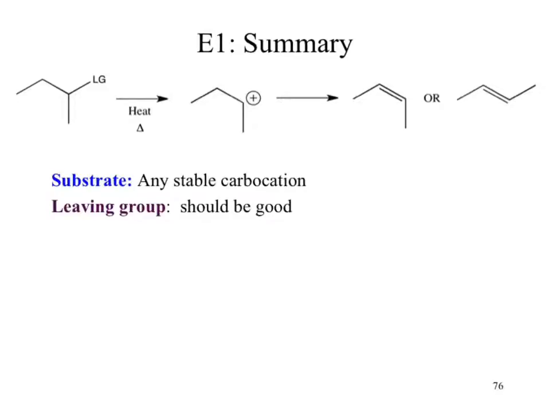Leaving group, we still need a good leaving group. Nothing changes there. You'll notice here I don't say nucleophile. Okay? But you'll notice I am using the same color as the nucleophile. We now want a base. Why do we not want a nucleophile? We have a nucleophile, does substitution. That's the N of SN. Right? That's the problem. So I want a base, potentially, because in that last step, what's happening?